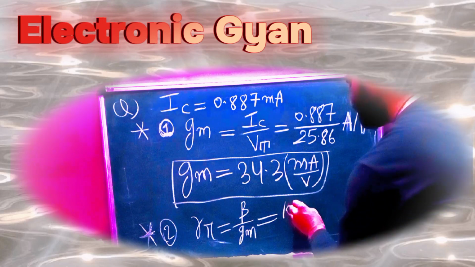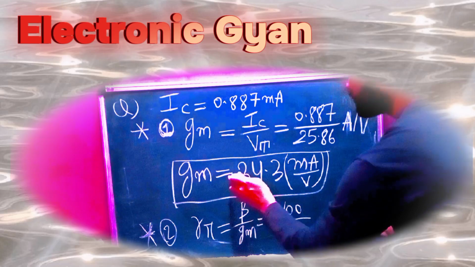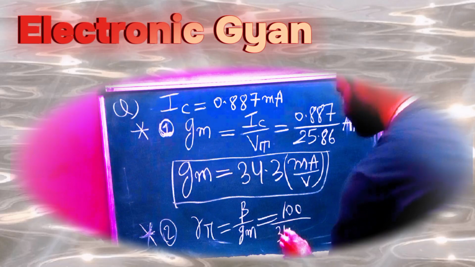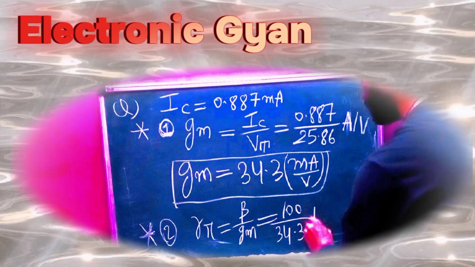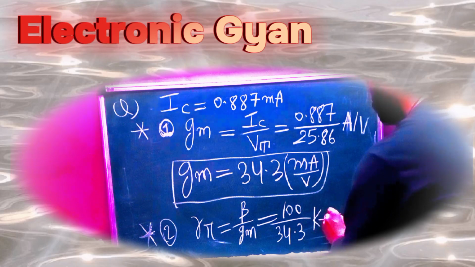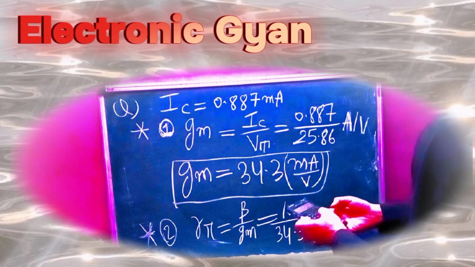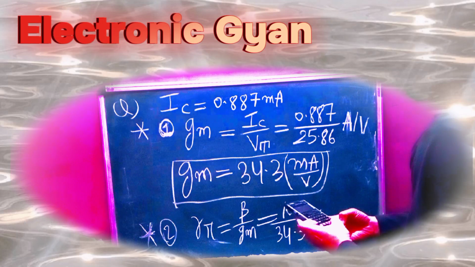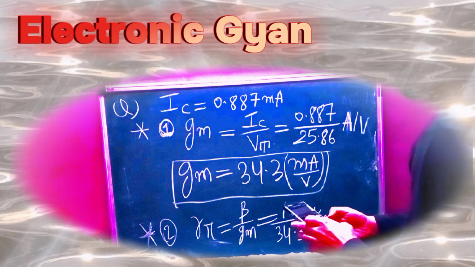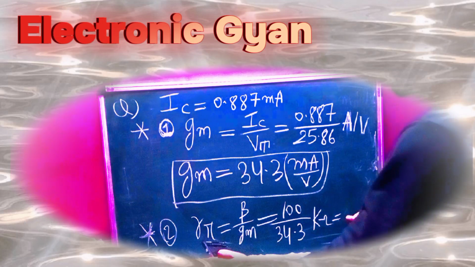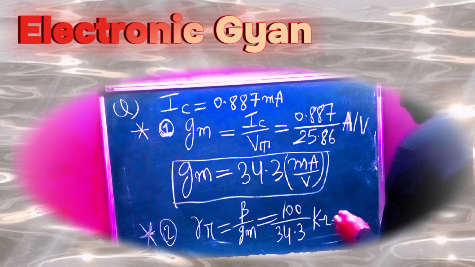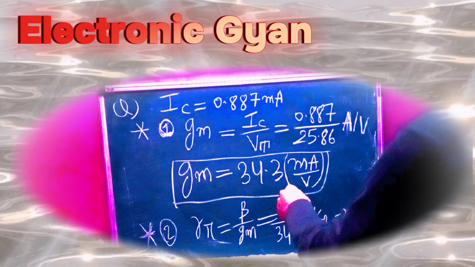That is nothing but 100 divided by 34.3, which will come 2.915. So it will come approximately 3 kilo ohm.